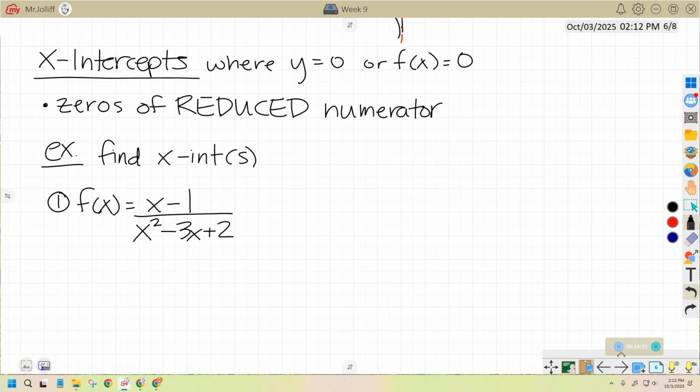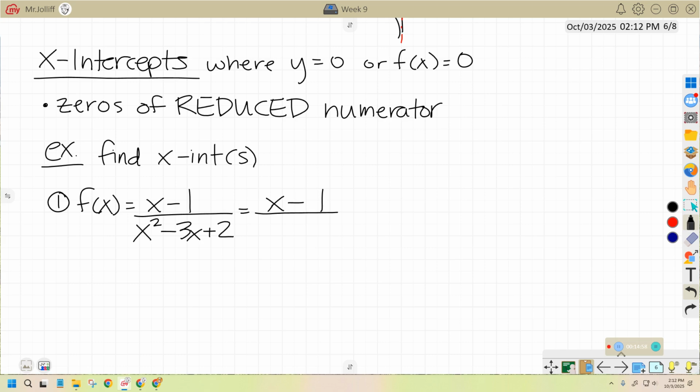All right, Julie. If I want to find the zeros of the reduced numerator, I need to reduce my fraction. So what should I do to it first? Starts with an F. Factor, very good. Factor top and bottom. Top is factored. X minus 1. How do I factor the denominator? Suggestions?